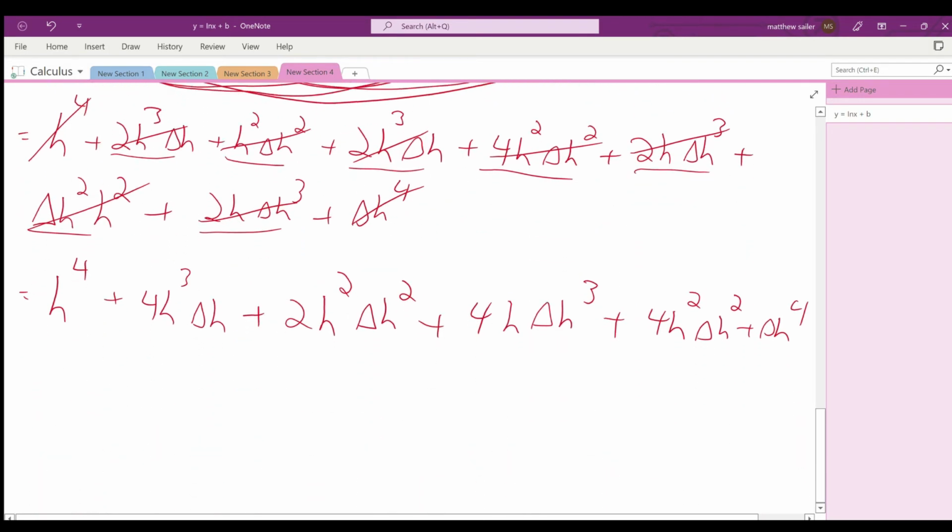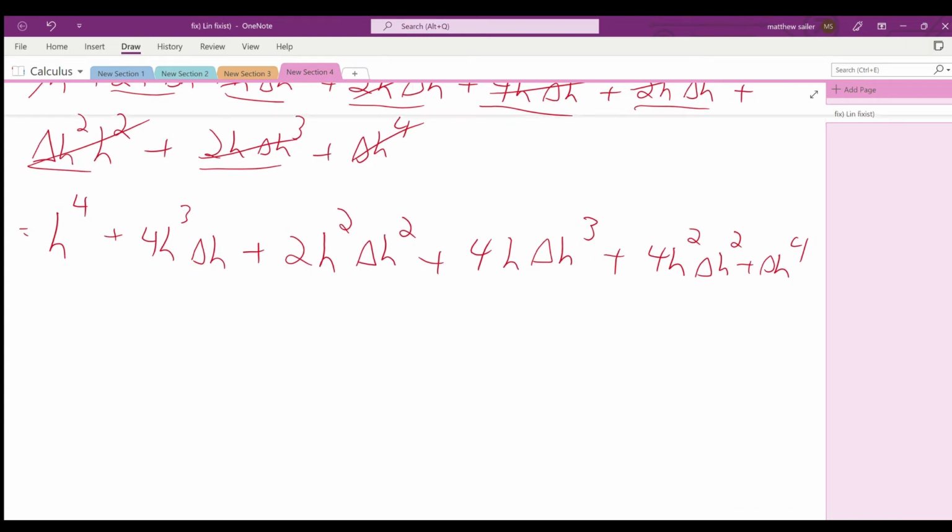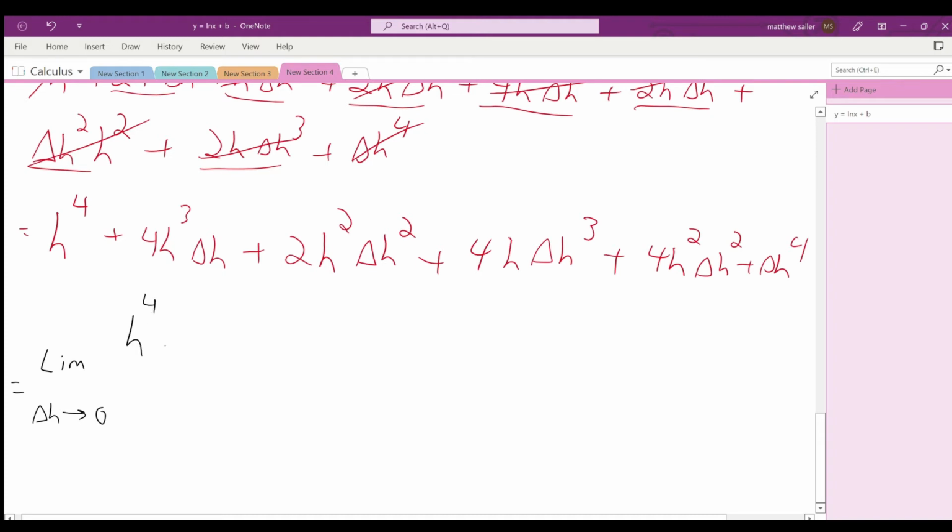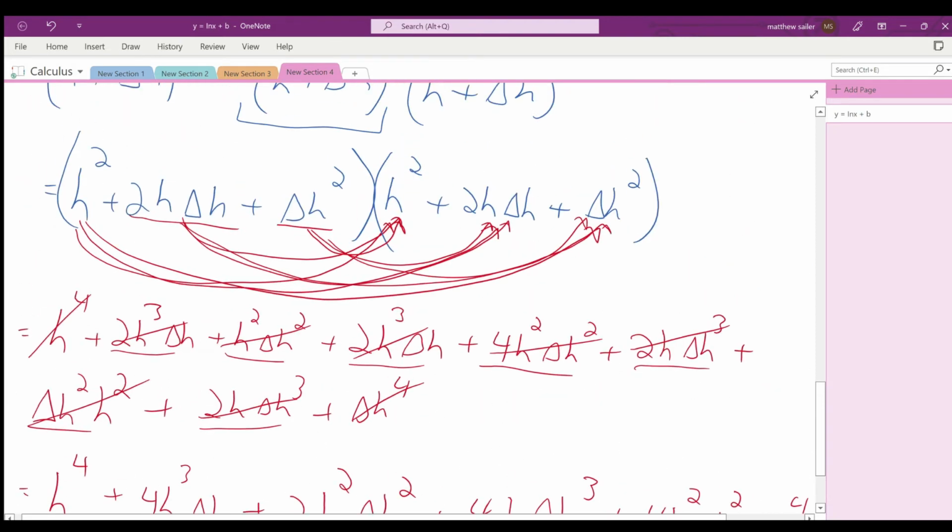So, let's finally rewrite this limit. So all of this is going to equal the limit as delta h approaches 0 of this guy up top, so h to the fourth plus 4h cubed delta h plus 2h squared delta h squared plus 4h delta h cubed plus 4h squared delta h squared plus delta h to the fourth minus, and then what did we have?